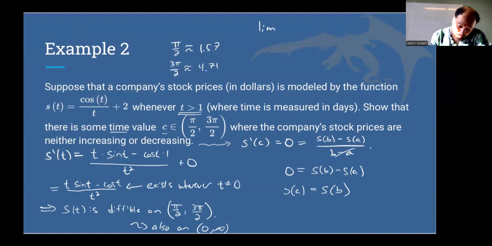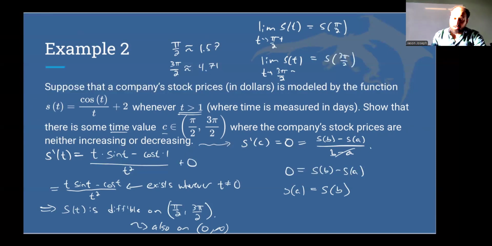So I'm just going to write it down. The limit of S of t as t approaches pi over 2 from the right is equal to S of pi over 2. And the limit as we approach 3 pi over 2 from the left is equal to S of 3 pi over 2. So that means all the hypotheses are satisfied.